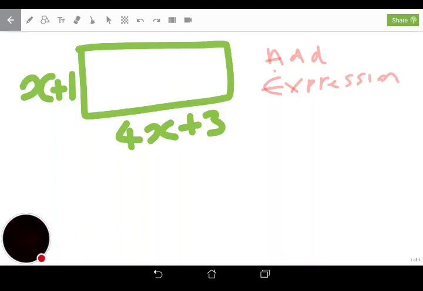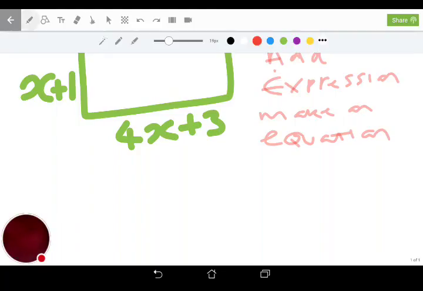So you collect the terms by adding the terms together, you create an expression, and then you set it equal to the perimeter. So you create an equation. Okay, so they're the steps. You collect the expression.